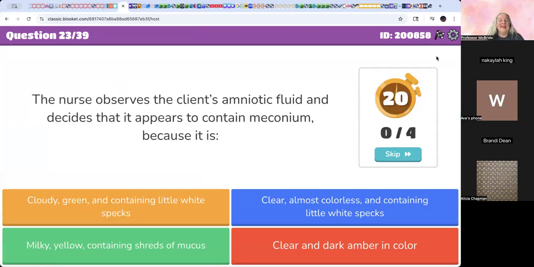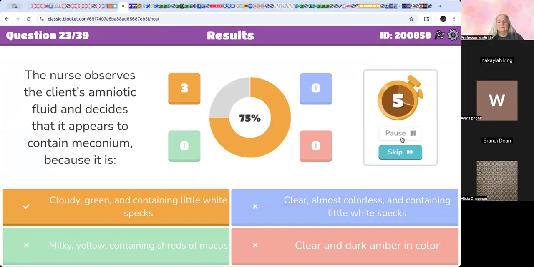Yes, please. Nurse observes the client's amniotic fluid and decides that it appears to contain meconium because... Hold on a second.